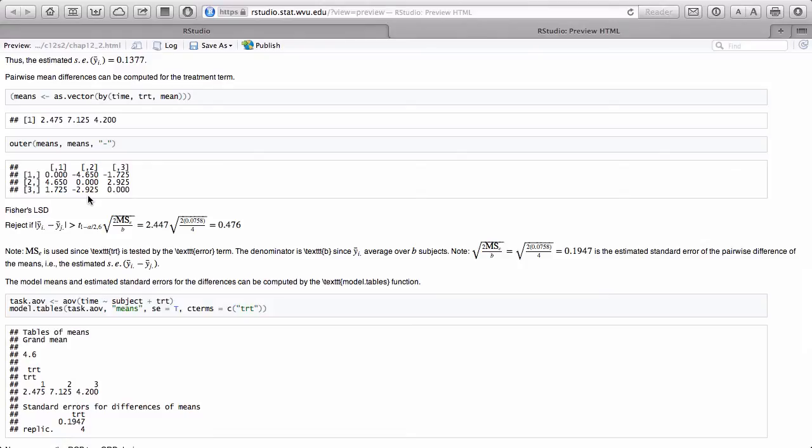Now, the problem with doing that is that if I fit a one-way with 12 levels, I would have 0 degrees of freedom for error, because I would use all my degrees of freedom.